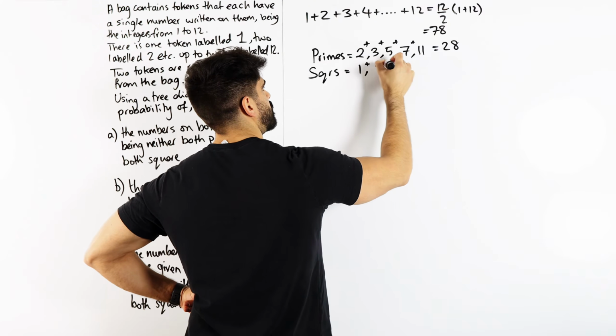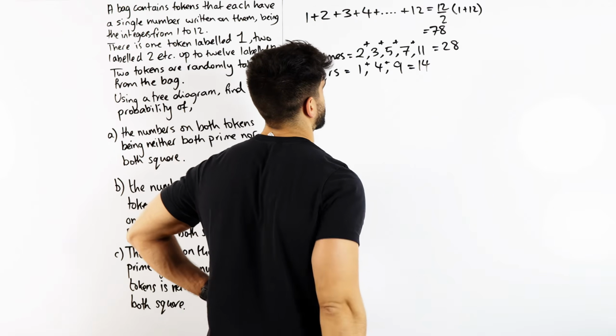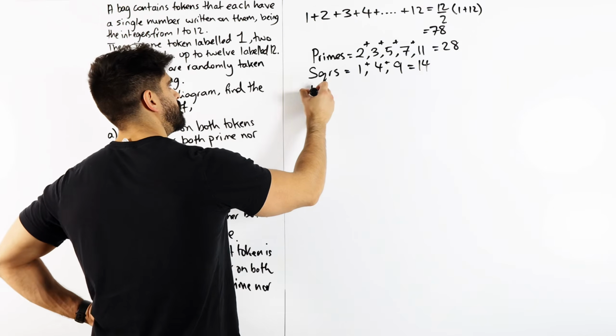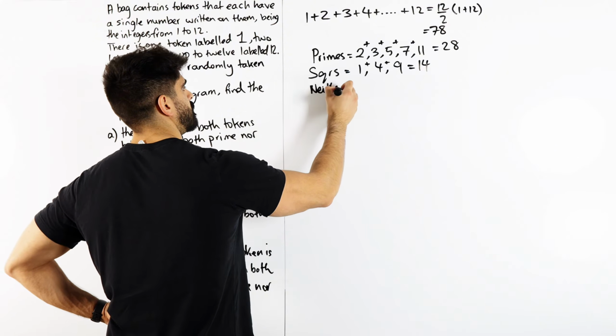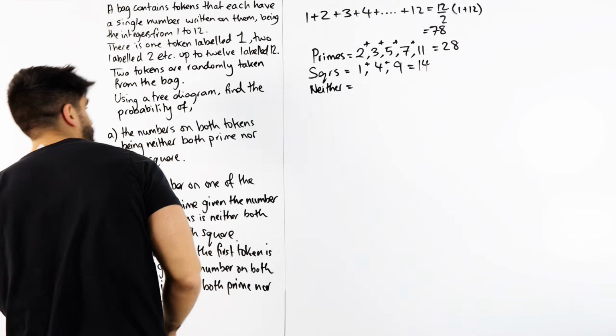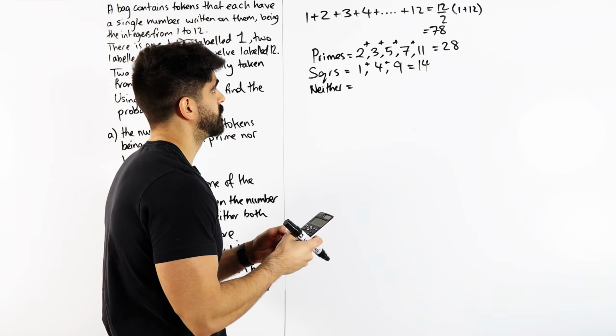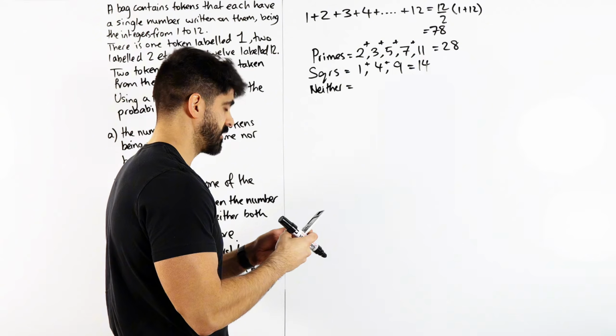So when we add those up, we get 14. So my neither is, well, I don't even need to know what they are. 28 plus 14, and then we're doing 78 minus that answer, 36.